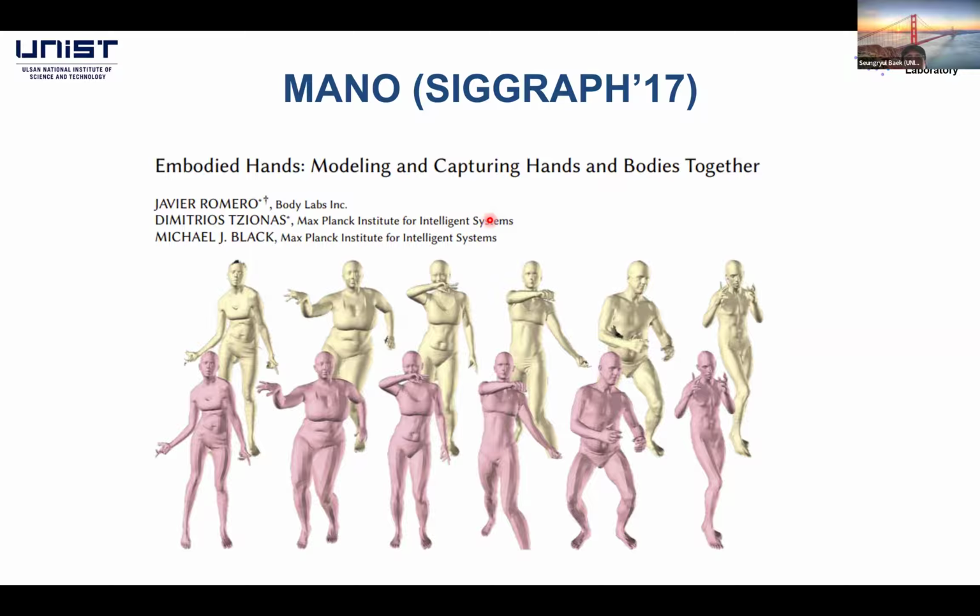Okay, and MANO is a paper also published in SIGGRAPH and TOG in 2017. This is also published by the same group. Initially, their motivation was modeling hand and body together. Previously, SMPL already had the hand, but because the hand is a very small part of the human body, the error was minor when fitting the 3D meshes to the image.